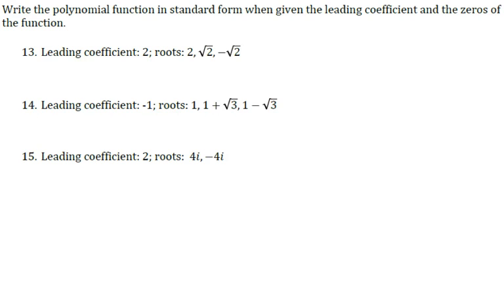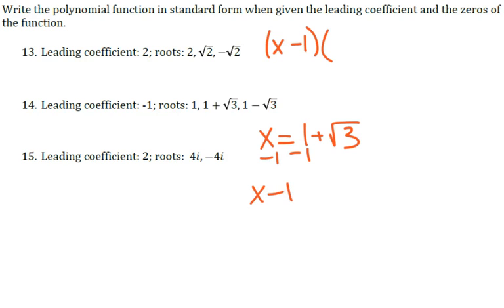So we'd have x minus 1 times x plus, let's think backwards here. So we end up with x equals 1 plus square root of 3. Okay? So, if we subtract that 1, we get x minus 1 equals the square root of 3.